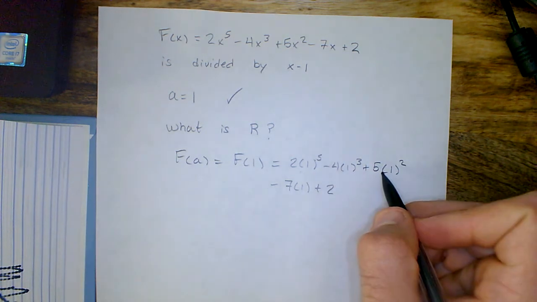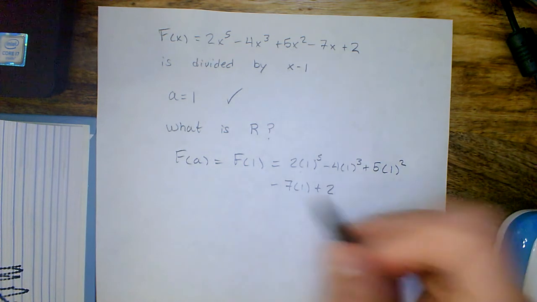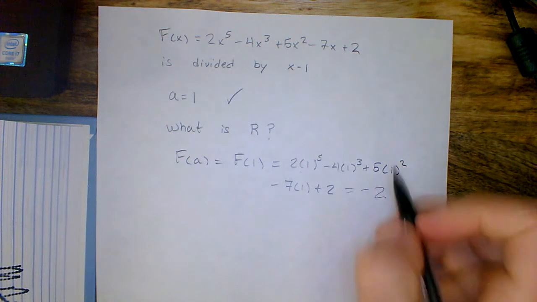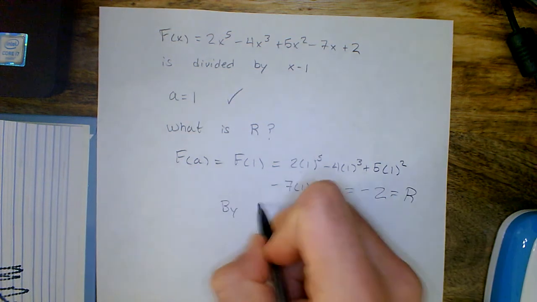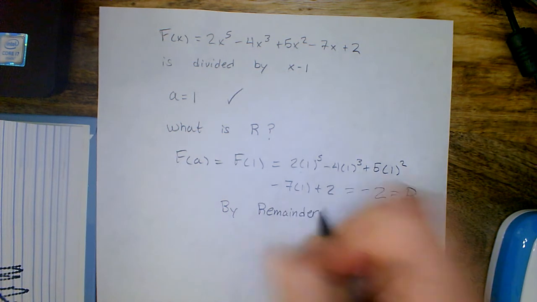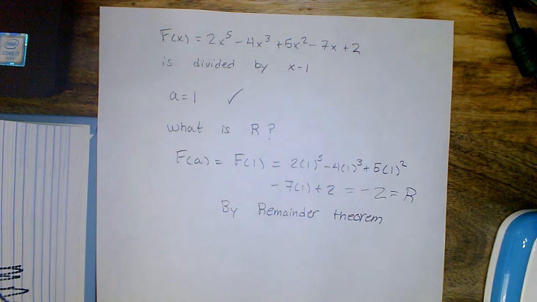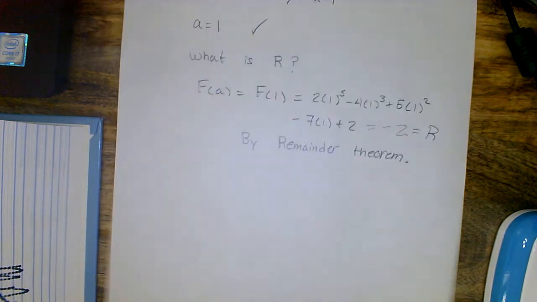If you add all that up, 2 minus 4 is negative 2, plus 5 is positive 3, minus 7 is negative 4, plus 2 is negative 2. So that's what r is equal to by the remainder theorem. Okay, so that's a neat little thing you can do here.